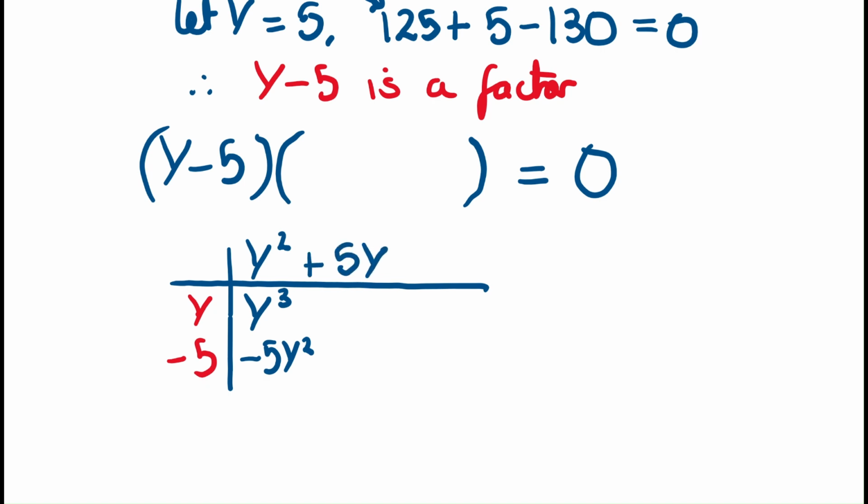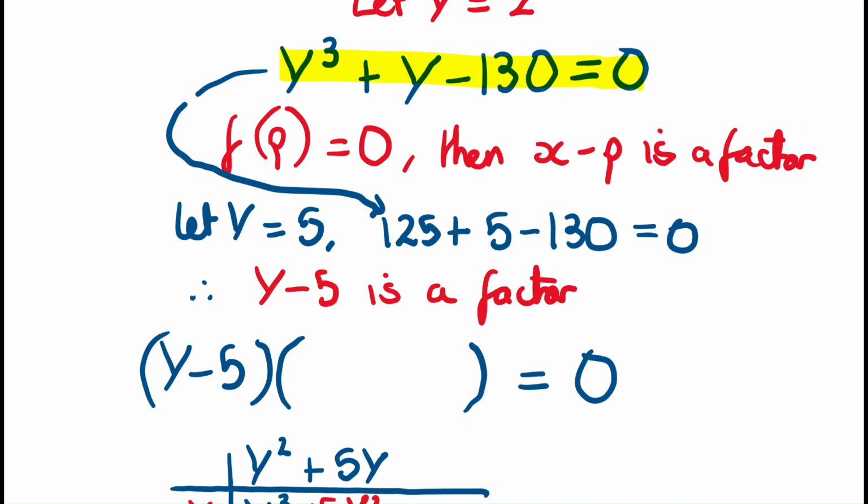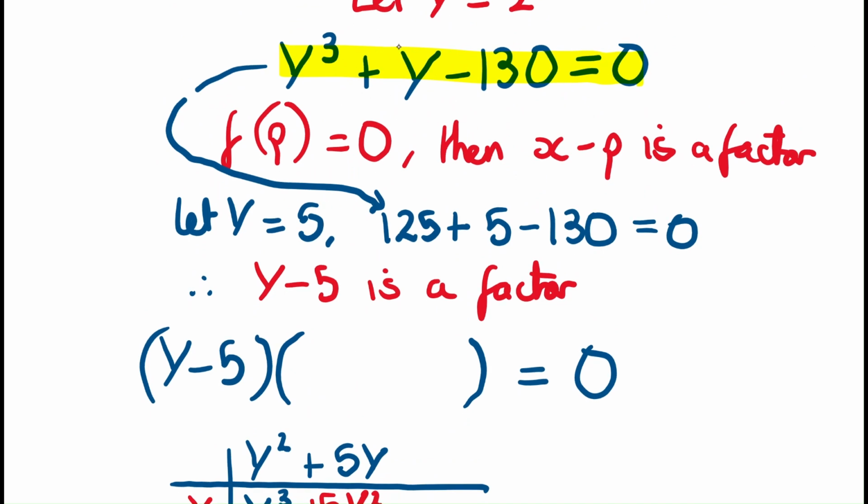Because then we get minus 5y squared from here, and it cancels out because we get plus 5y squared from these two terms multiplying. And as a byproduct, we also get 5y times by minus 5, which is just minus 25y. And in terms of the y term, in this equation, we have just plus 1y.